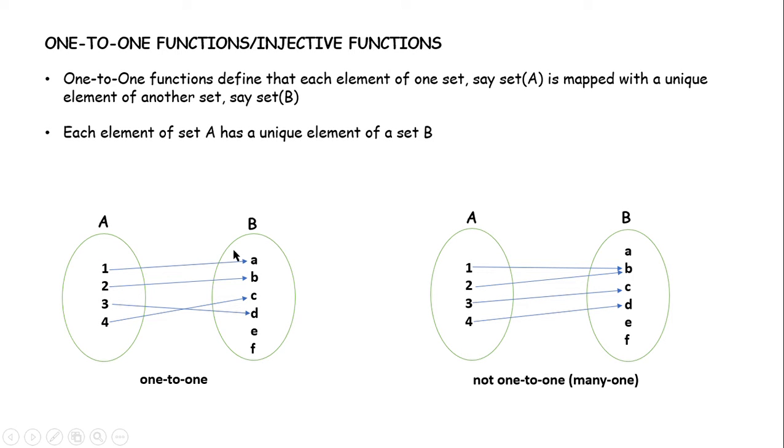Image of 1 is A, image of 2 is B, image of 3 is D, and image of 4 is C. So I can say that this is a one-to-one function.